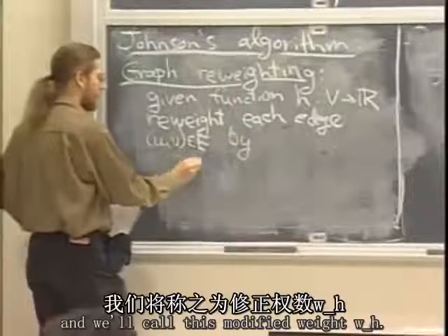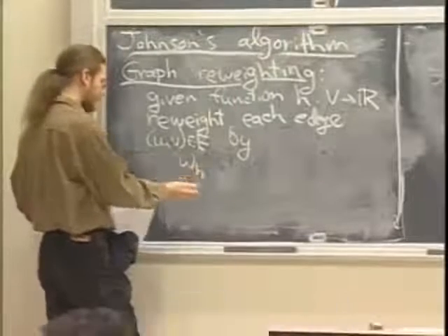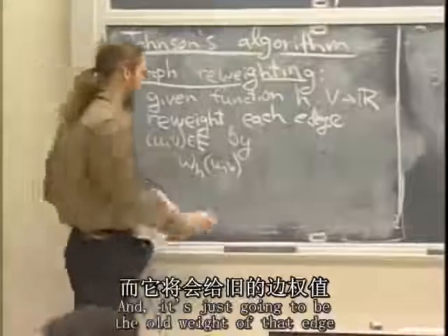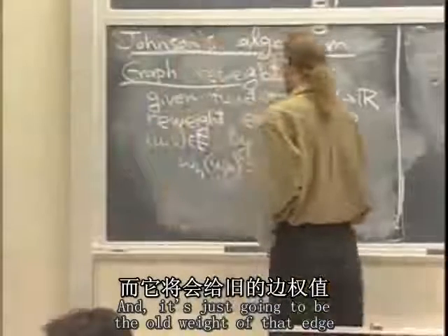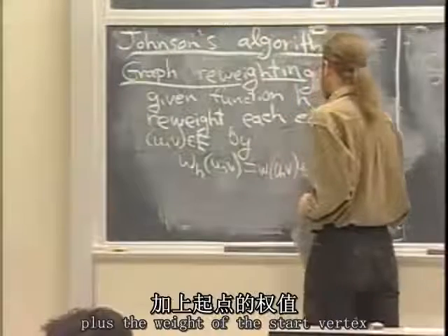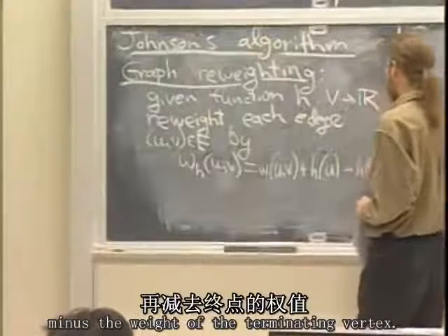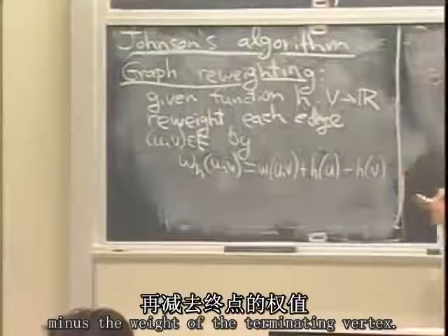And we'll call this modified weight w sub h. h is our function, gives us a number for every vertex. And it's just going to be the old weight of that edge plus the weight of the start vertex minus the weight of the terminating vertex.